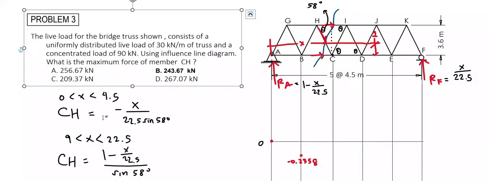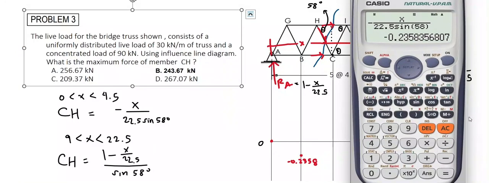Then we consider the force experienced by CH between 9 and 22.5, so we'll use this formula. At X equals 9, the value for CH is equal to 0.7075.